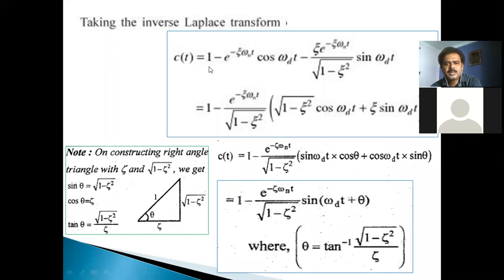Taking the inverse Laplace, we will get 1 minus e to the power of minus ζωn t into cos ωd t. Just applying inverse Laplace, the term can be replaced in terms of the time domain, that is cos ωd t minus ζωn by ωd sin ωd t. Is it clear?